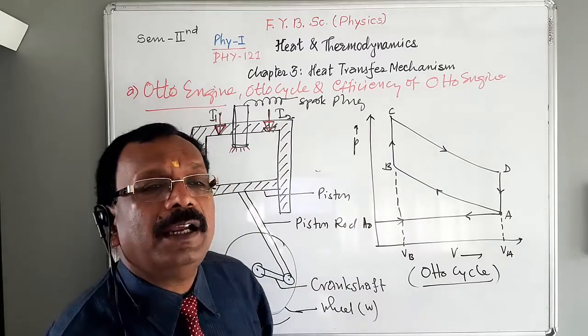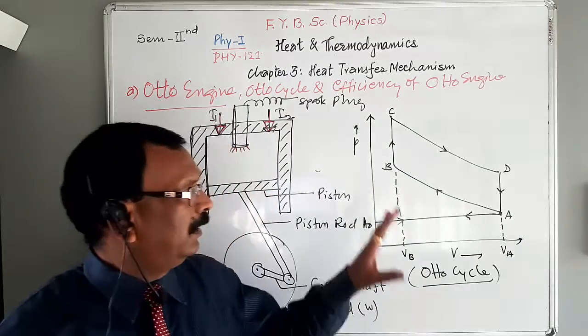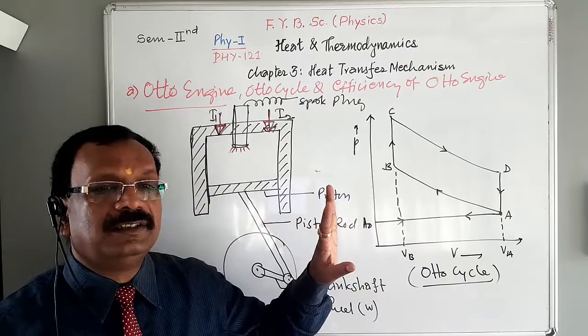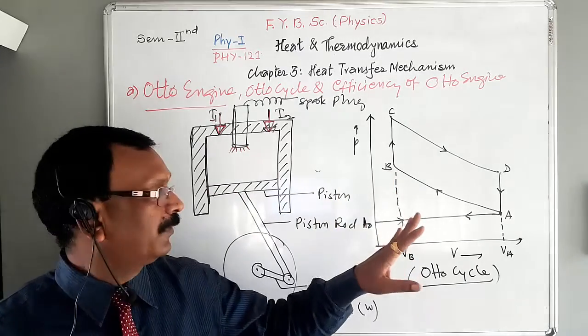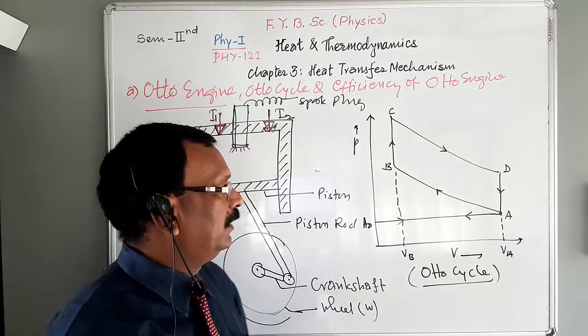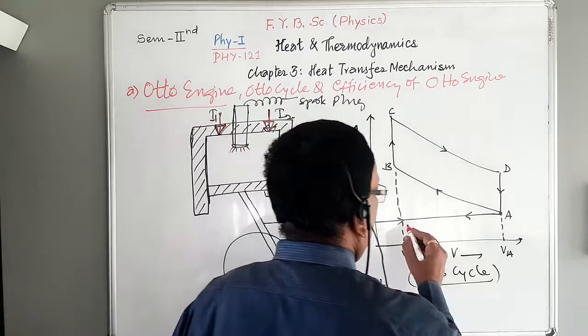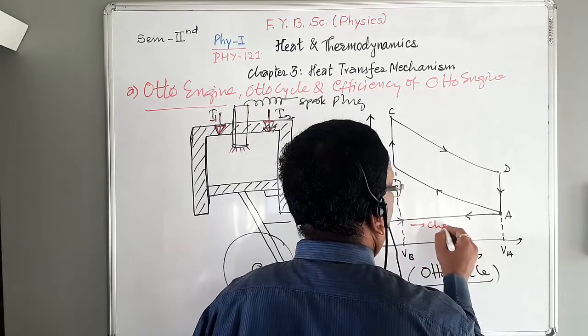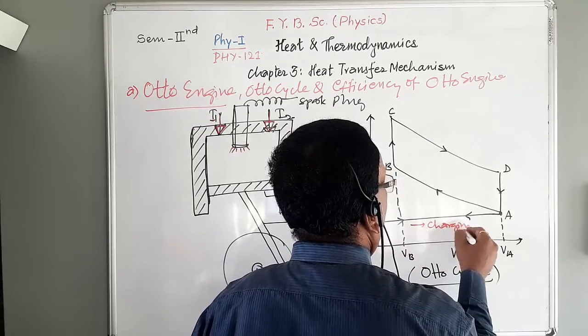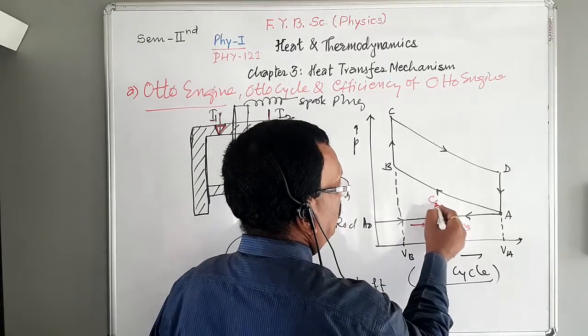In the Otto cycle, I told you that there are 4 strokes. First one is this charging stroke. Then this is the compression stroke.